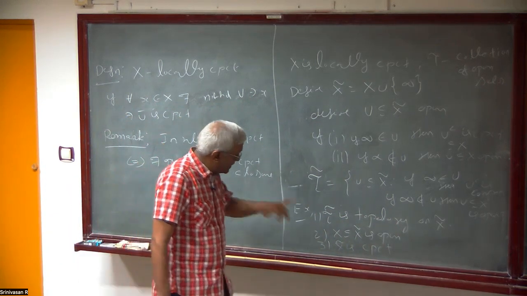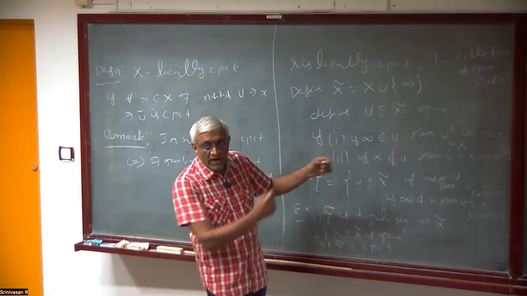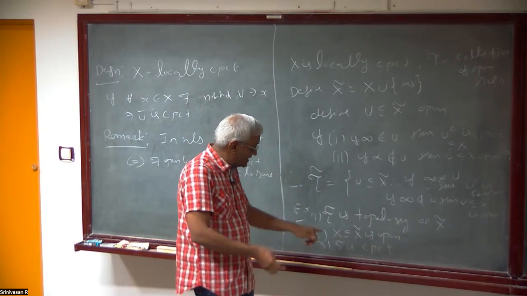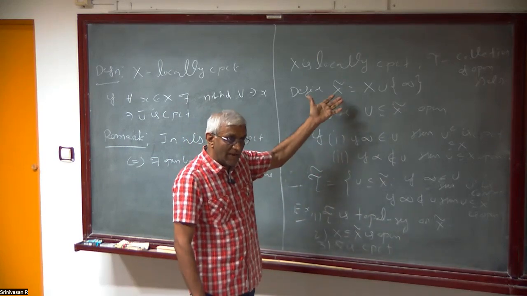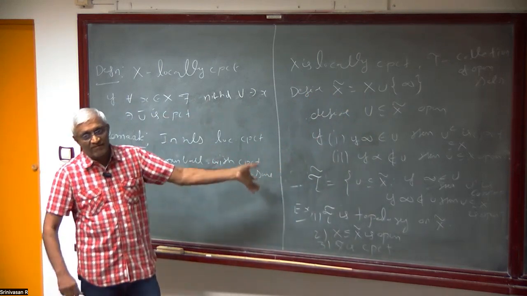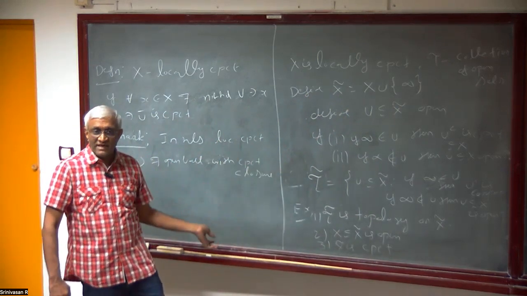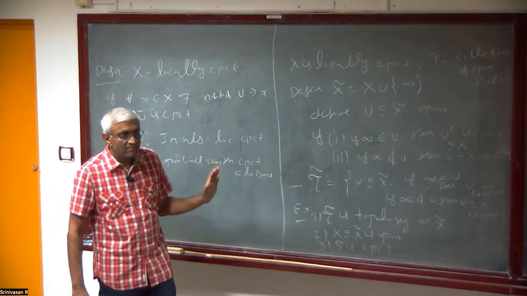If we have an open cover for X tilde, one of the sets in the cover has to contain infinity. That set's complement will be compact, and that has to be covered by the remaining sets. That will have a finite subcover, and that finite subcover together with this set will cover X tilde.